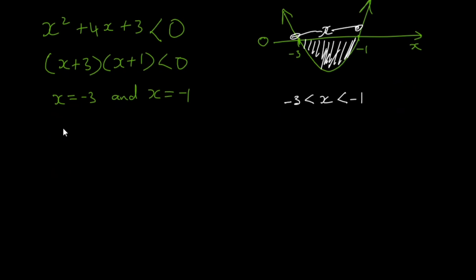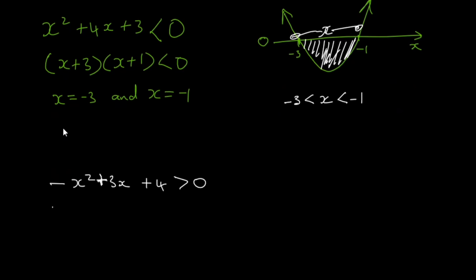Then what if we had a negative there? Negative x squared. So let's say, for example, in this case, we are going to put plus 3x, and then plus 4, and let's say greater than 0. So factorize this.